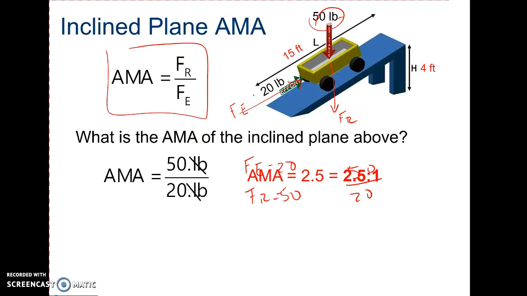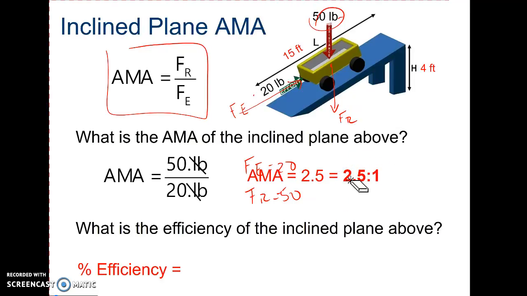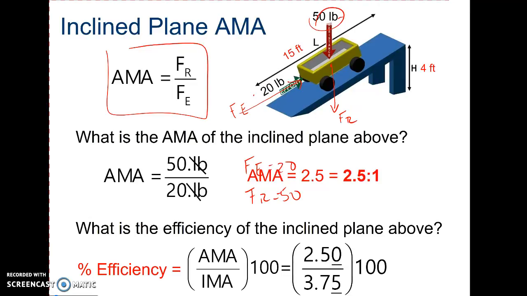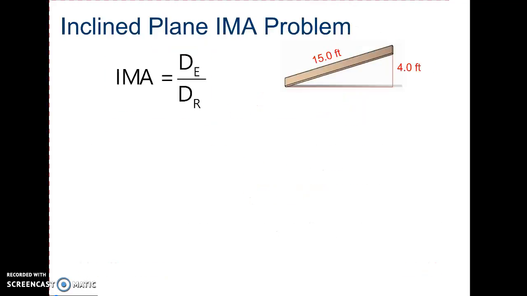Okay, we come up with 2.5. And then the efficiency is simply going to be the AMA divided by the IMA. So we calculated the AMA to be 2.5, and the IMA we previously calculated to be 3.75. And that gives you an efficiency of 67%.